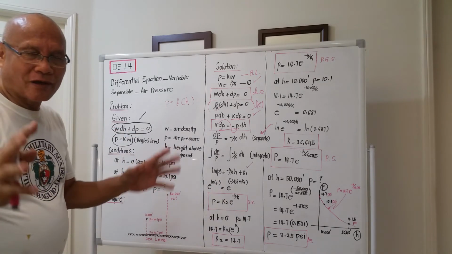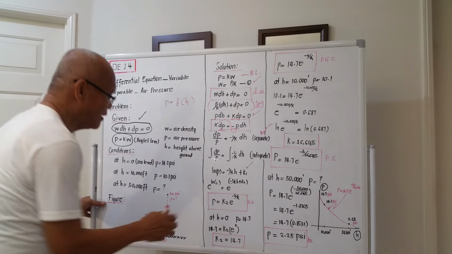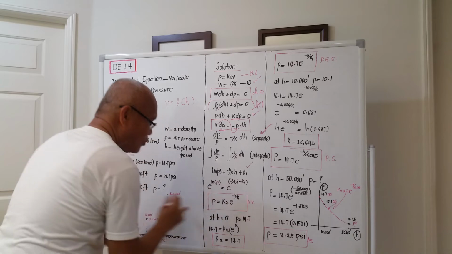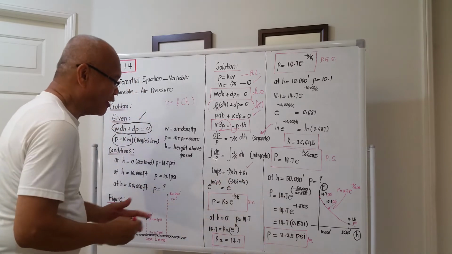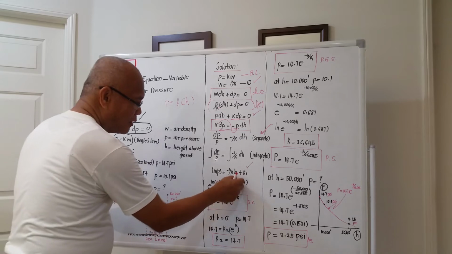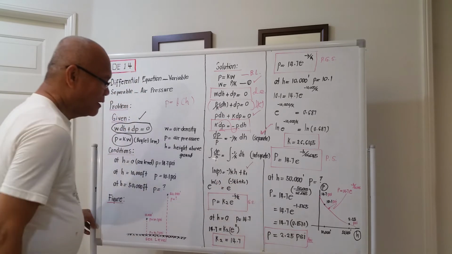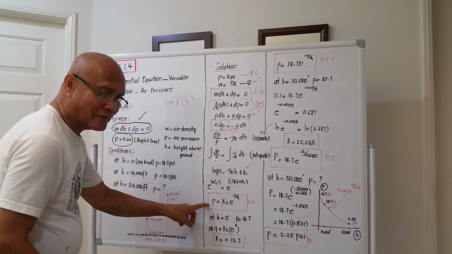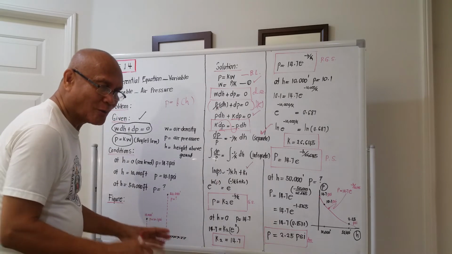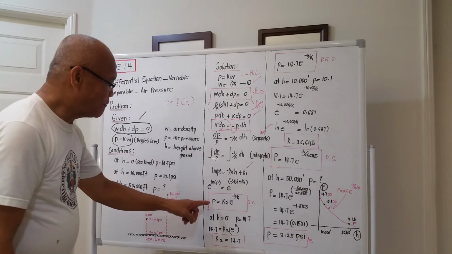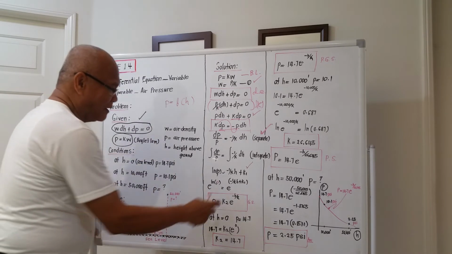The proper writing of this will be e raised to the natural logarithm of P equal to e raised to negative 1 over K times H plus K1. E to the natural logarithm of P is just P. The antilog of the logarithm of any given function is just the given function. So P now will be equal to the right-hand side.